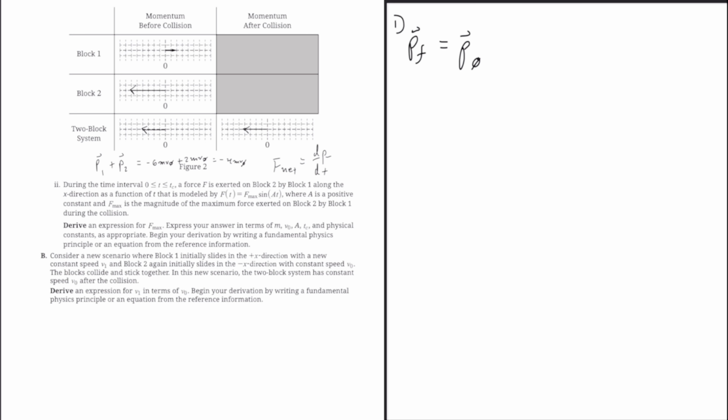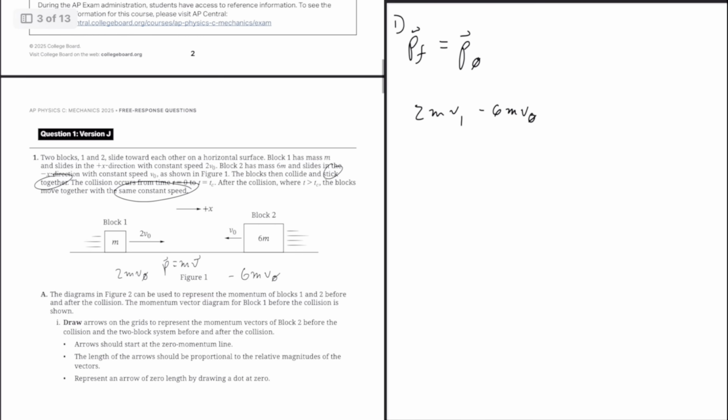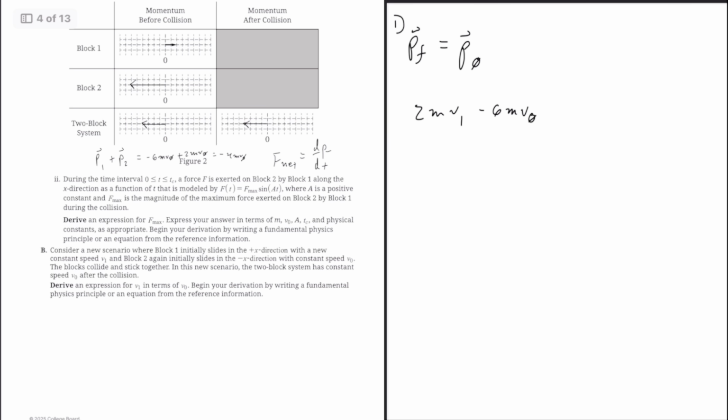Well, what was the initial momentum? The initial momentum will be 2mv1 because block 1 initially slides with 2mv1, and that's going to be minus 6m v0, right? Because this is sliding to the left in the negative x direction with v0 again.